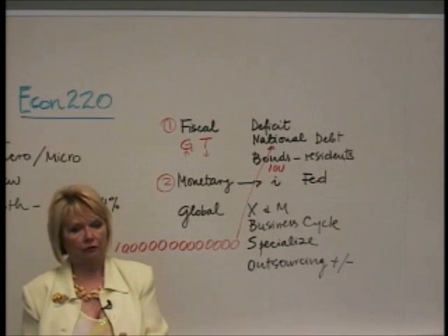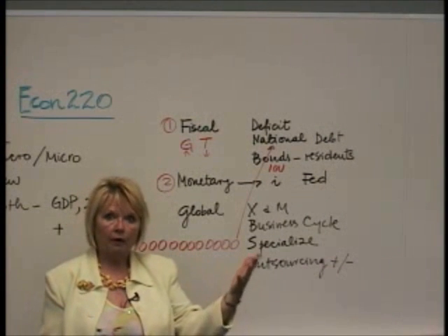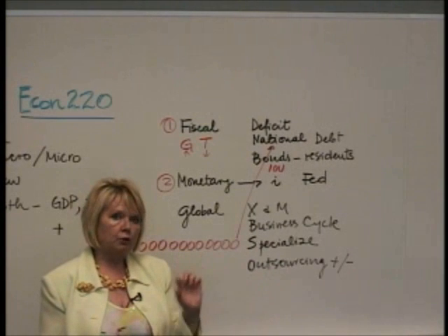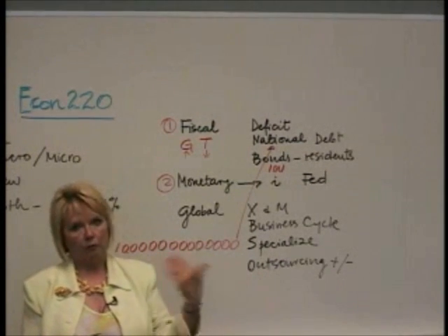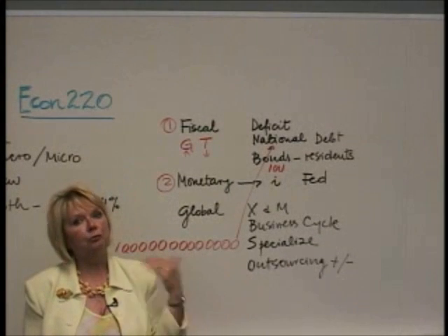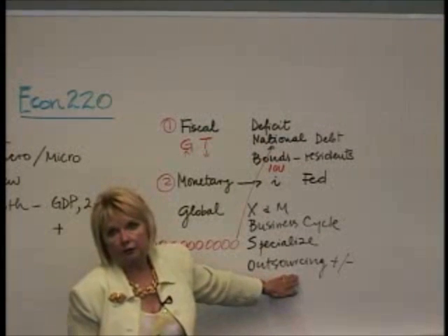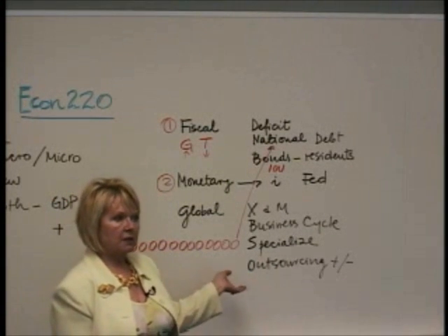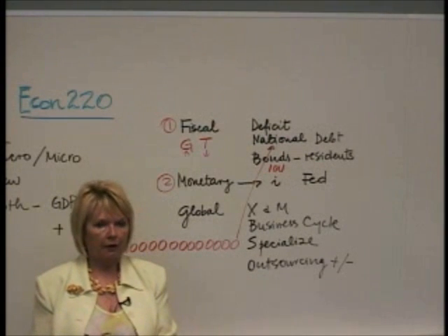So you're better off having workers in India or in China produce them where the wage per hour is so much lower. And therefore, we will be able to import that, and that will bring down our own prices. Outsourcing is another very integral part of the global economy. Outsourcing has been considered as a very negative thing for the U.S.